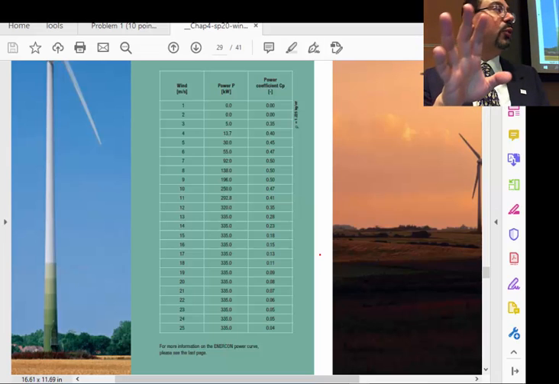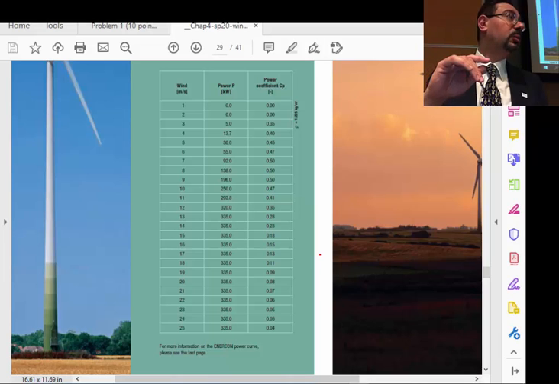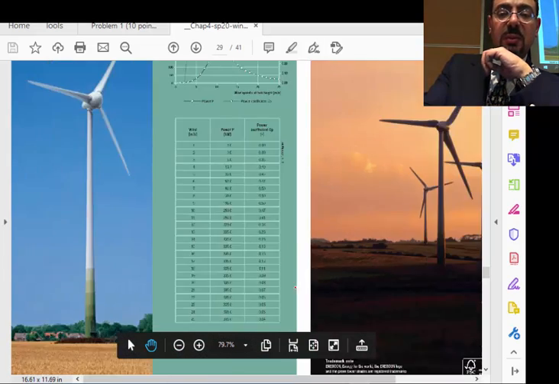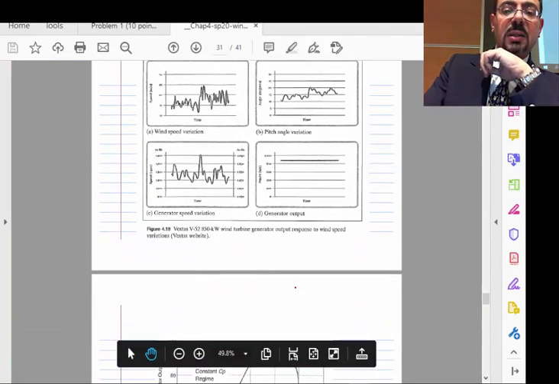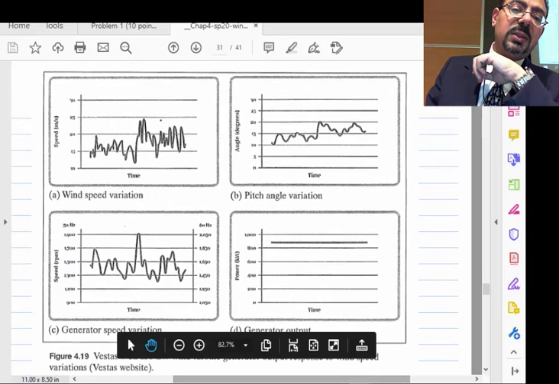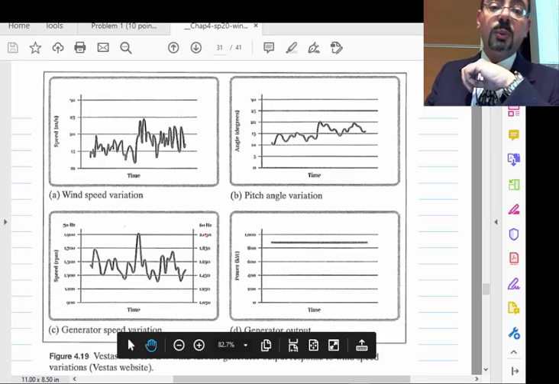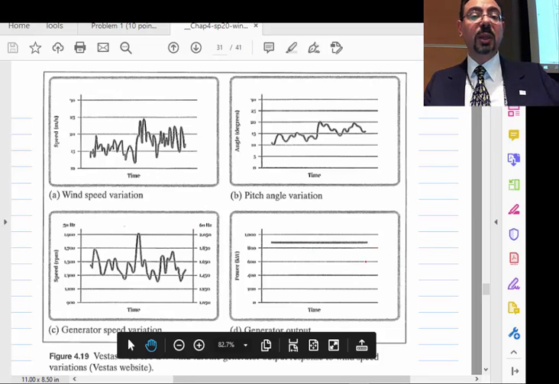What we need is one column for the hours from the site, and then you'll be able to calculate the output power and output energy too. Okay, make sense? And so he's saying that the wind could be coming like this. Of course it will fluctuate like this, but the output power will be constant once you hit the rated velocity.